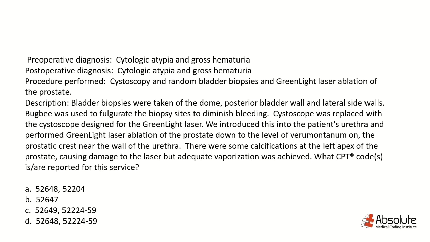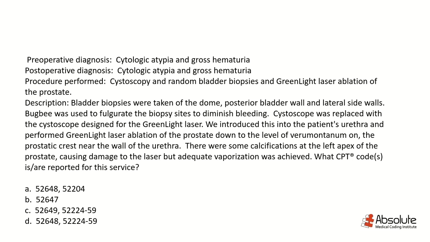Procedure performed: cystoscopy and random bladder biopsies and green light laser ablation of the prostate. Description: bladder biopsies were taken of the dome, posterior bladder wall, and lateral side walls. Bugbee was used to fulgurate the biopsy sites to diminish bleeding. The cystoscope was replaced with the cystoscope designed for the green light laser.